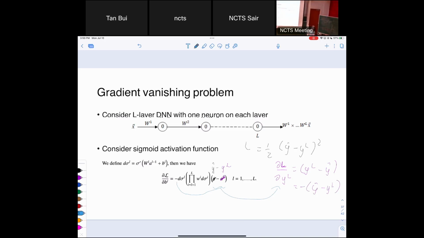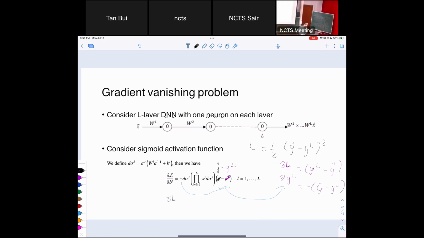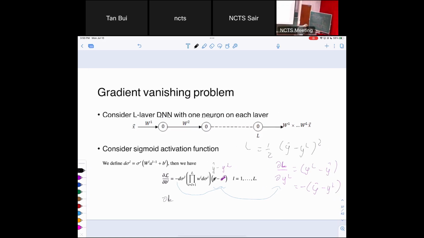So let me rewrite this as well. This is dL over db_L is equal to dL with respect to dy_L, and then dy_L with respect to dy little l, and then dy little l with respect to db_L, right?